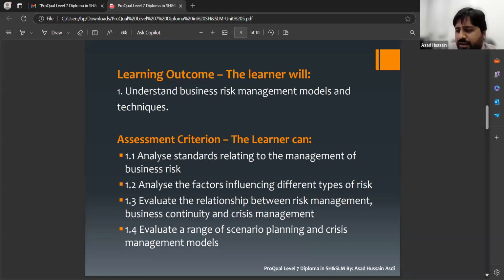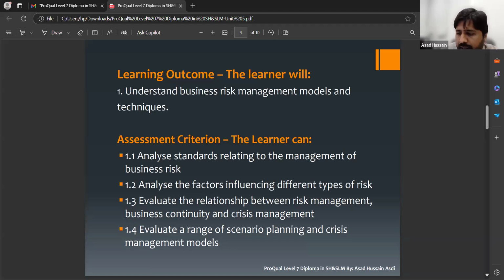Normally, other than a safety risk management system, organizations definitely have a business risk management system in place, because it is crucial for the continuity of the business that they should have a business risk management model, techniques or standards applied in their organization.